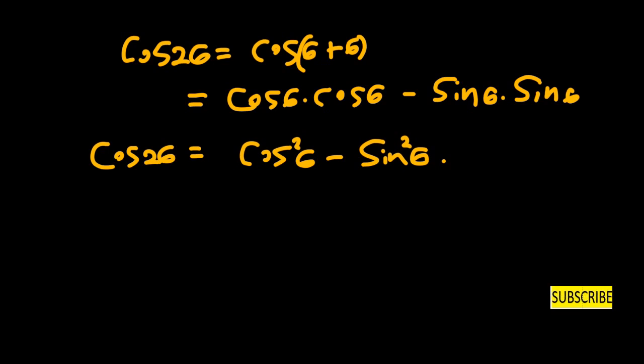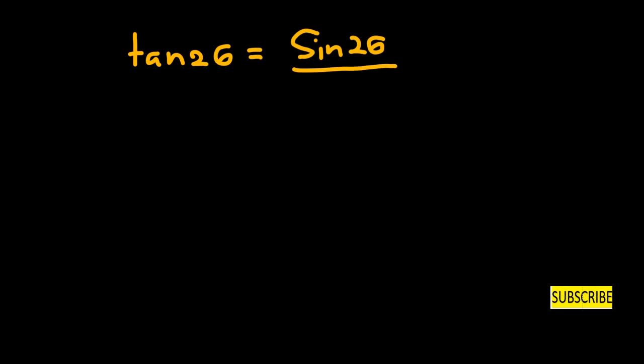Let's move on to tan 2 theta. Now consider tan 2 theta. Tan 2 theta equals sine 2 theta divided by cos 2 theta. According to our previous expressions, we can write sine 2 theta like this: 2 sine theta and cos theta.